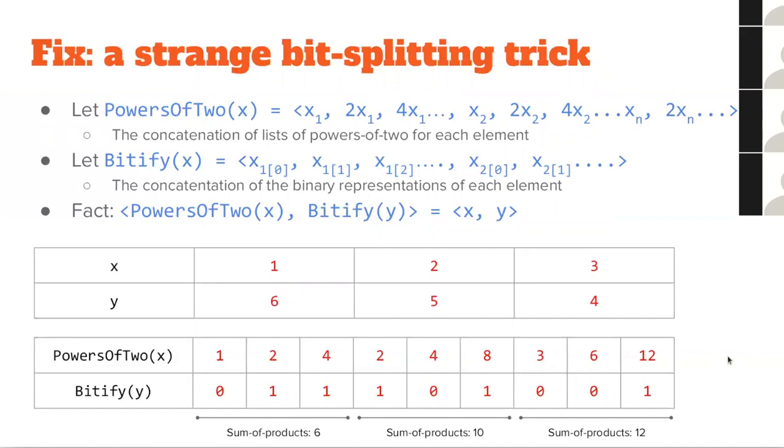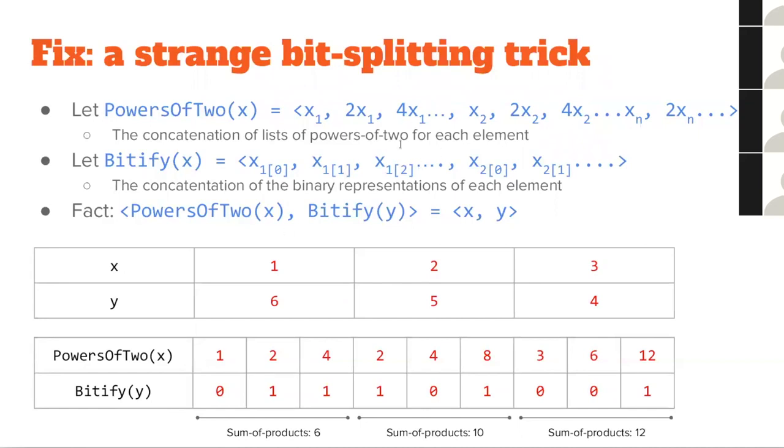The bit splitting trick says that if we treat x as a vector, then we define two functions. One is called powers of 2, the other is called bitify, where powers of 2 says for every element in x, you concatenate the powers of 2 of x, and bitify of x just turns it into a bit representation.